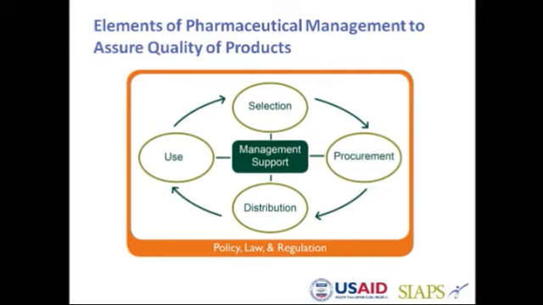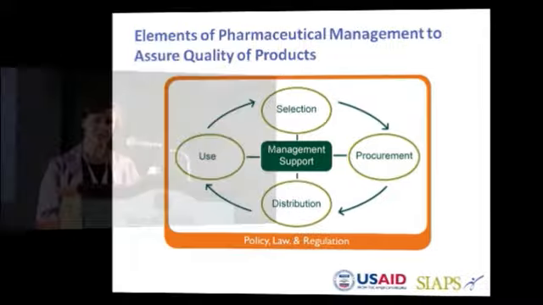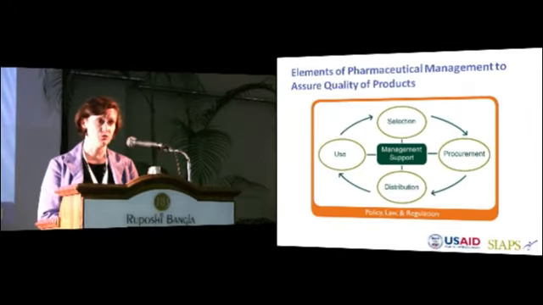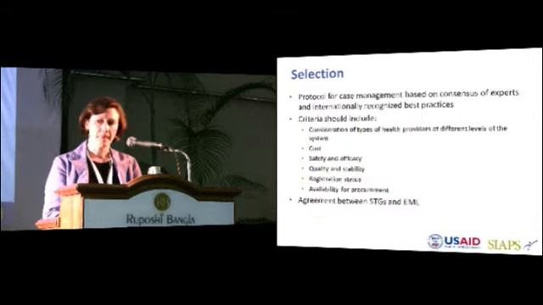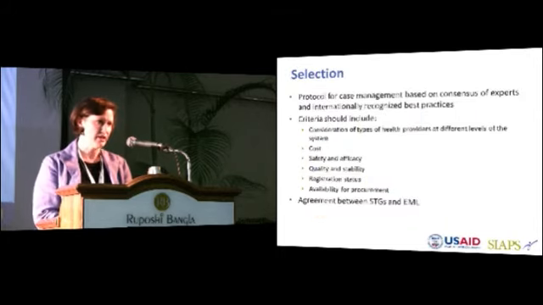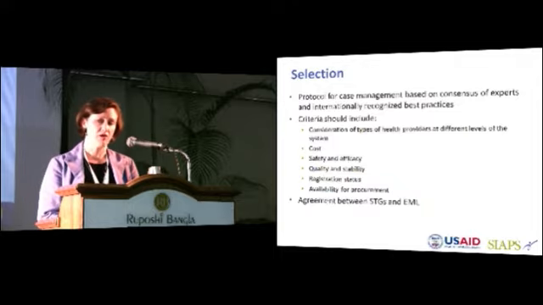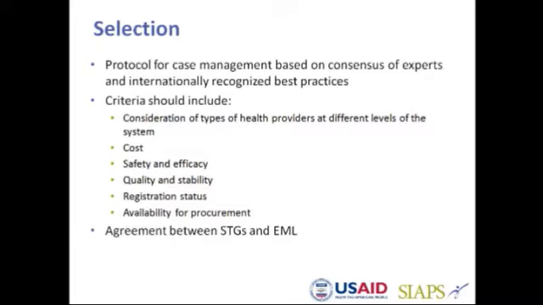So this diagram just represents the different processes during the pharmaceutical management cycle, starting with selection of medicines, flowing through to use, all of this occurring in a policy, law, and regulatory framework with management support systems throughout the process. So let's first talk about selection. In terms of selection, what we like to see is a protocol for case management that's based on a consensus of experts and internationally recognized best practices, right?